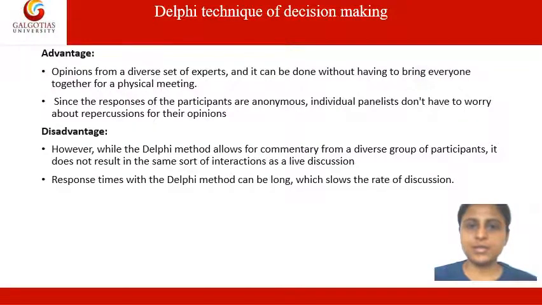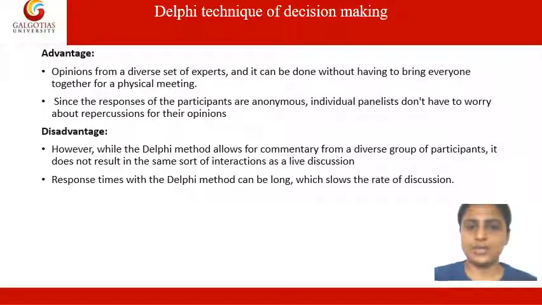So basically the biggest advantage of the Delphi method is that you can aggregate the opinion from a different set of experts, and it can be done without even bringing them together for a physical meeting. And also, since the responses of the participants are anonymous, you don't have to worry about the repercussions of your opinions.